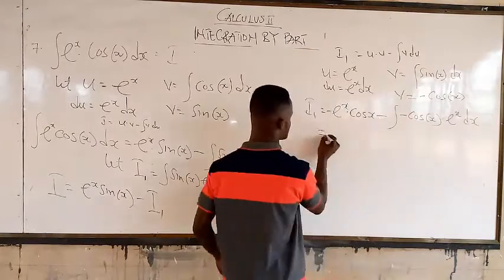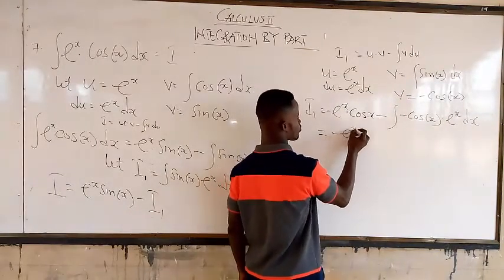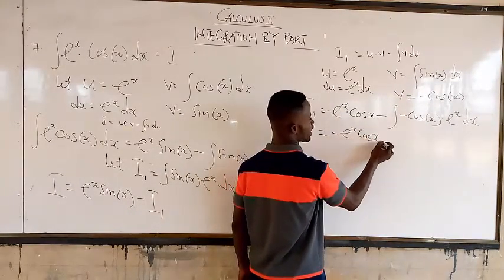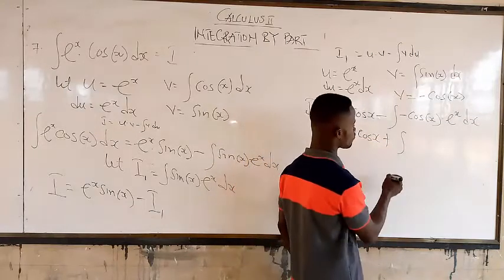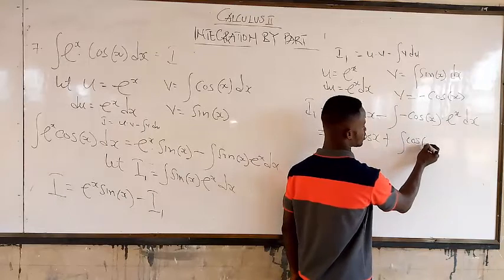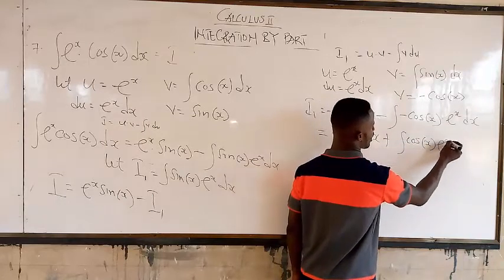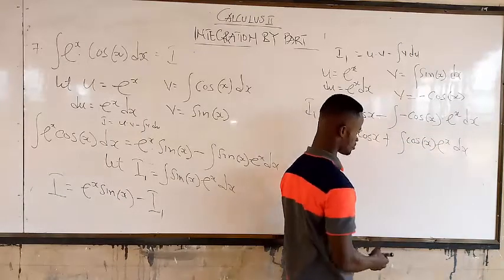So we get negative e raised to the power s cos s, and again, integral of cos s e raised to the power s ds.